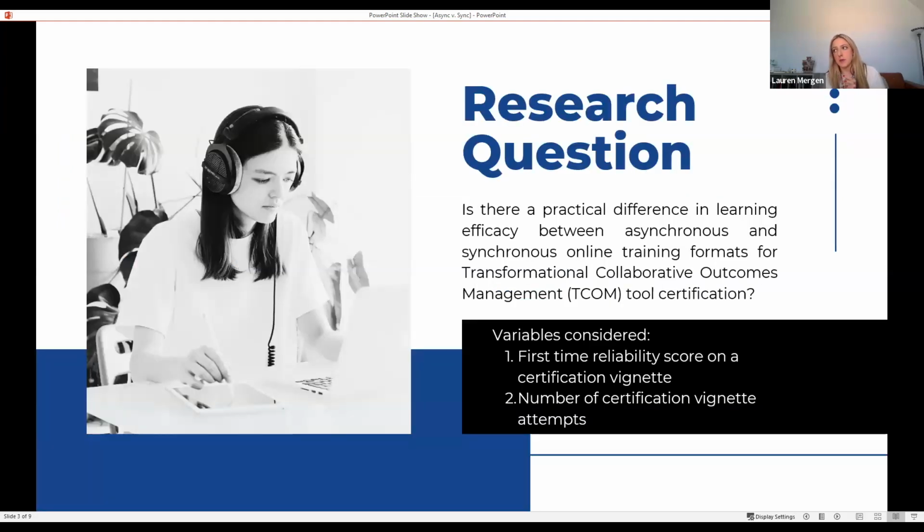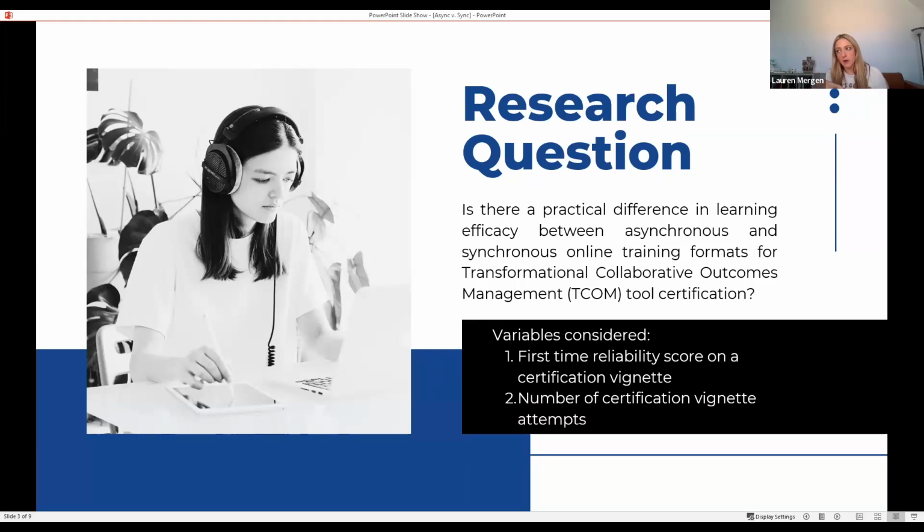Now for this study in particular, we wanted to know if there was a practical difference in learning efficacy between asynchronous, self-paced, and synchronous live online training formats for the TCOM tools. For this particular study, we only looked at two variables. We looked at first-time reliability score on the certification vignette, and then we looked at the number of certification vignette attempts a person needs to take before they pass.